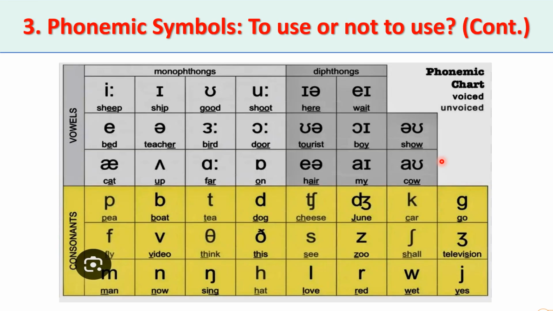The reason not to use phonetic symbols is that IPA symbols can be difficult and intimidating for beginners. Teaching the entire IPA symbol set takes time that could be spent on communication practice. That's all. Okay, thank you.